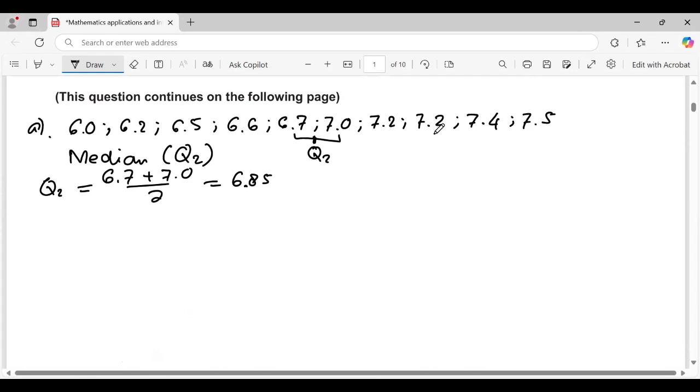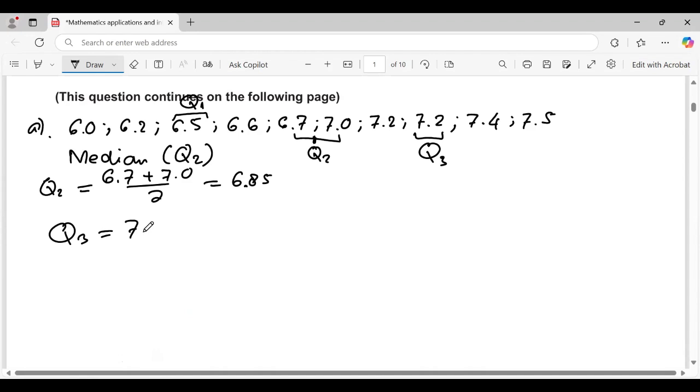And for the upper quartile, between 7.2 and 7.4, that is for the upper quartile or Q3. So counting 1, 2, 3, 4, 5, this is Q3 and Q1.